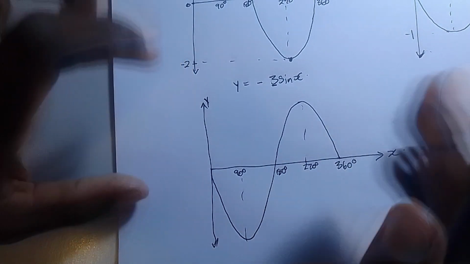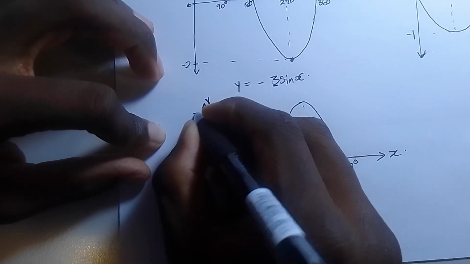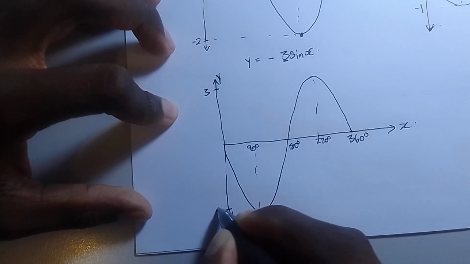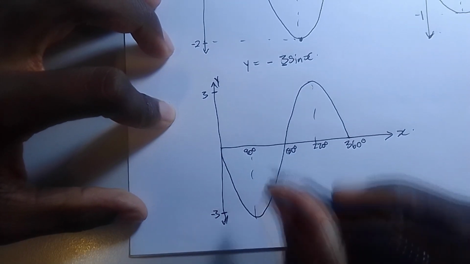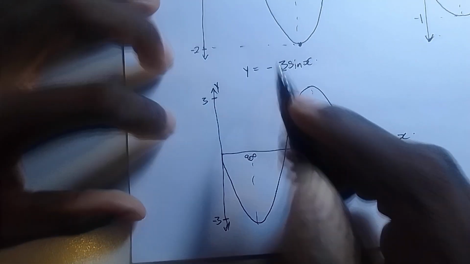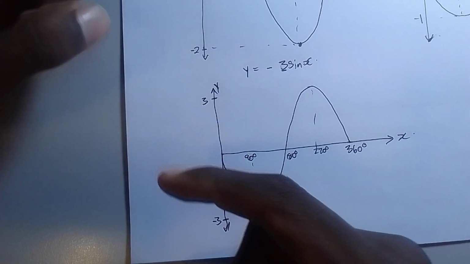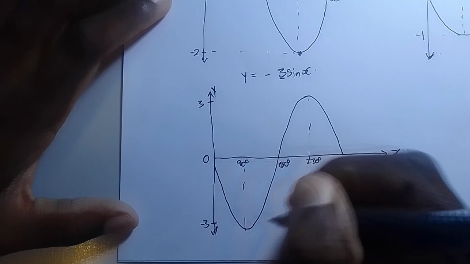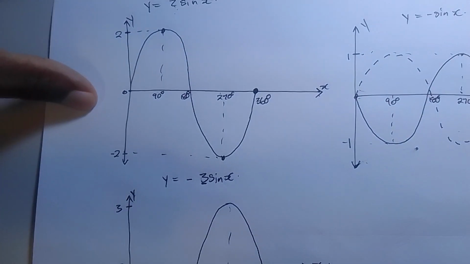Keep it simple. It's going to be positive 3, and your minimum is going to be negative 3, because the amplitude is 3. It goes up 3 units, it goes down 3 units. That's finally our last sine graph.